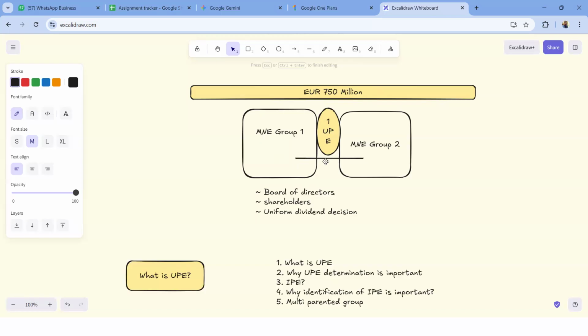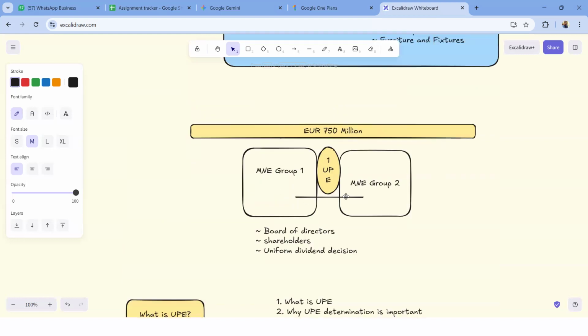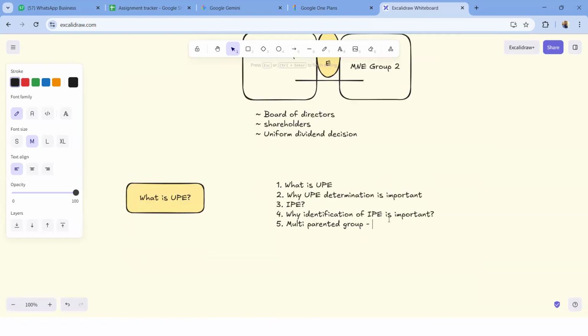There is a contractual agreement in place between them, called a dual listing contract. You will invoice as one, you will work as one. Everything is one, but just for the legal basis, there are two. Then you would not be seen as two groups, but as one group. Because if I give you leeway to be seen as two groups, then you may not satisfy the 750 million euros separately. That is why multi-parented groups are one MNE, and will only have one UPE.